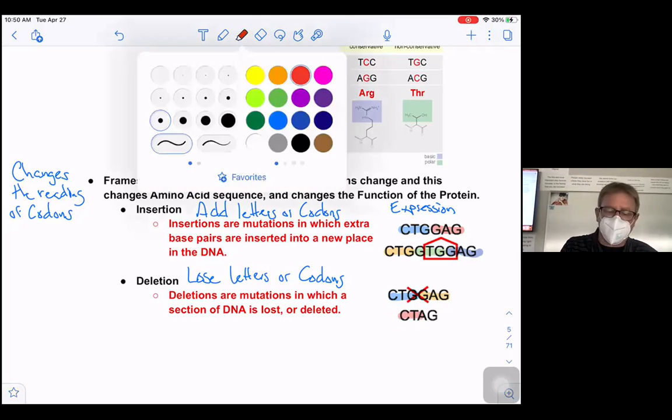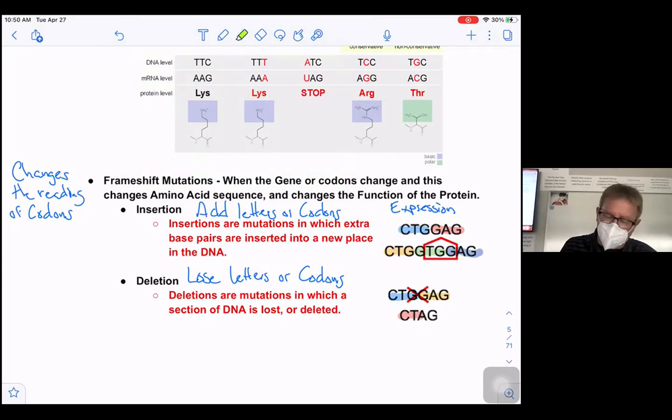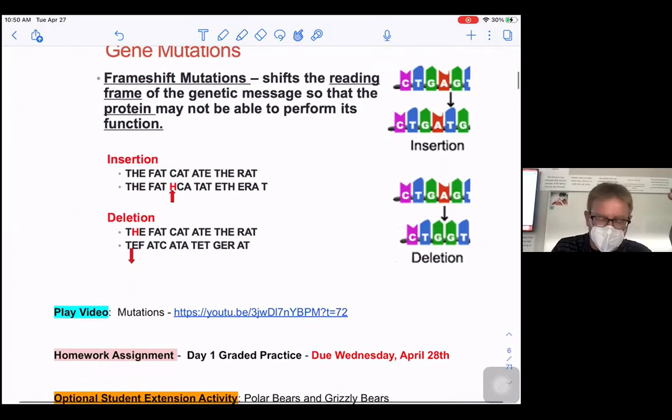And we'd have to see what is actually going to be past the G there, because we don't know what it is. So when we insert letters or codons or delete letters or codons, it changes the whole codon sequence. Okay?